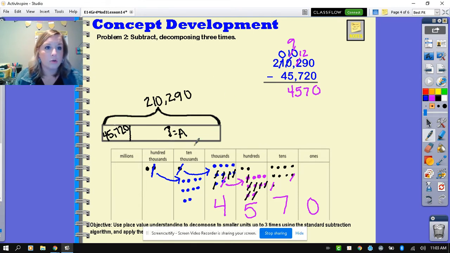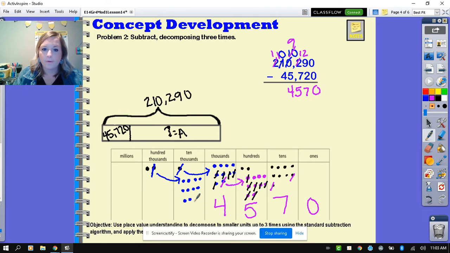The rule of thumb is that you can only cash in 10 to the next column, and then you have to borrow before you can move it to the next column again. So I can't take from my 100,000s and cash in 10 to my thousands column. We had to do the process like I did where you cash in 10, take one of them and cash it in again. So now I have 10 in my 10,000s column.